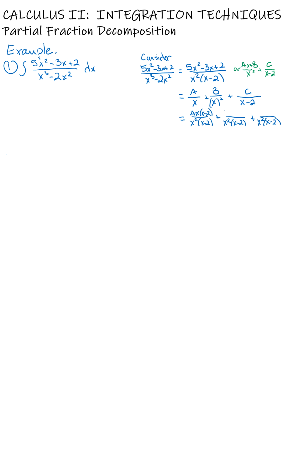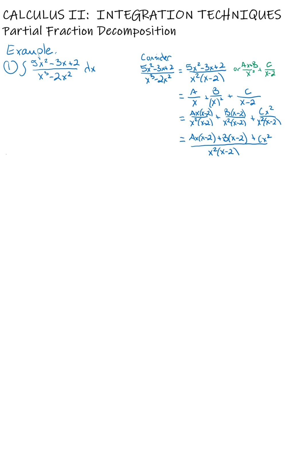The second one has a B. In order to build up to the common denominator, it needs an x minus 2. The third one has a C, and in order to build up to the common denominator, it simply needs an x squared. So if we add these, we get Ax times x minus 2 plus B times x minus 2 plus Cx squared. All of that is over our common denominator.